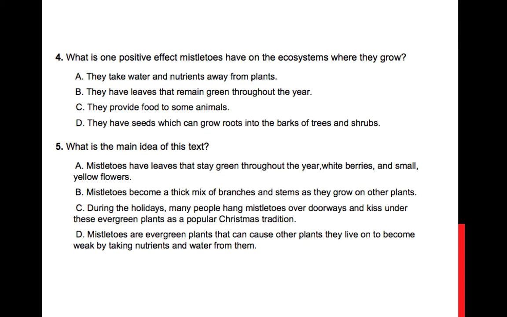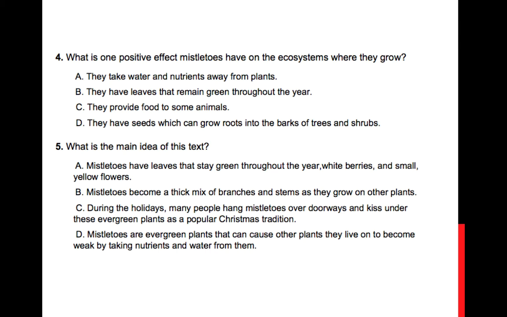C. During the holidays, many people hang mistletoes over doorways and kiss under these evergreen plants as a popular Christmas tradition. D. Mistletoes are evergreen plants that can cause other plants they live on to become weak by taking nutrients and water from them. So, what's the main thing that the author wants to teach us about mistletoes?